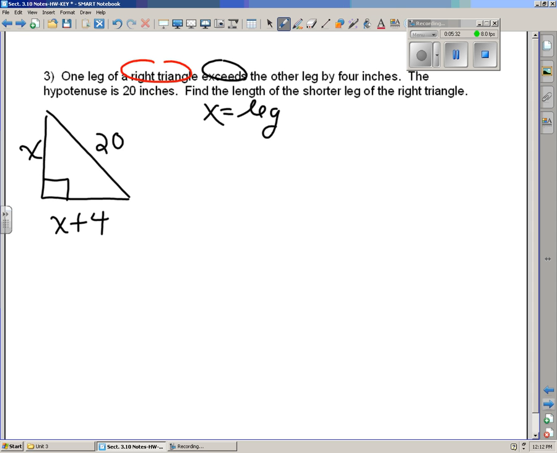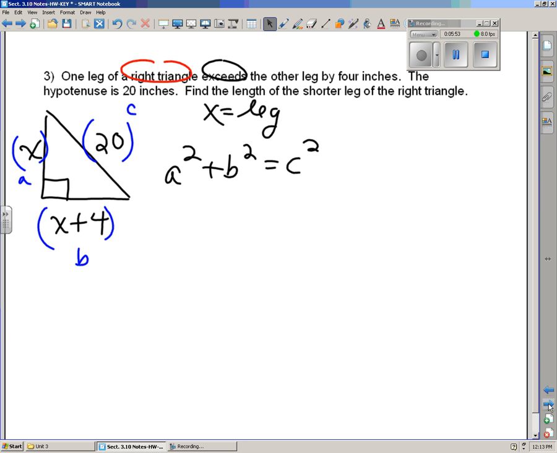So how do we find the length of the shorter leg? Well, in a right triangle, don't forget there's the Pythagorean theorem: a squared plus b squared equals c squared. If we were to go around our triangle, we could say that one leg was a, the other leg is b, and the hypotenuse then becomes c. It's always going to be c.